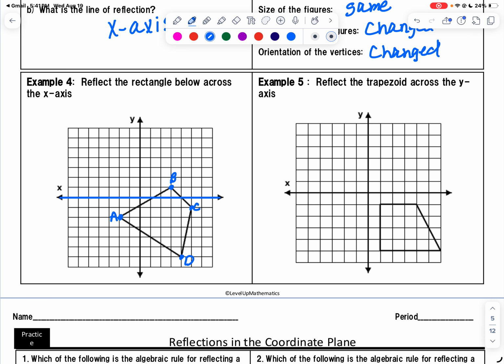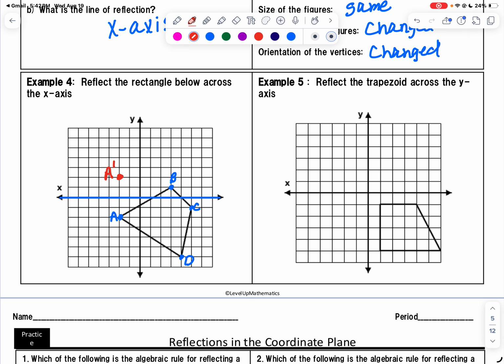Now, when we reflect across the x-axis, each new point is going to be the same distance from the x-axis. So let me put our new points in red. So notice how point A is 2 units below the x-axis. So A prime must be 2 units above. Now B is interesting.